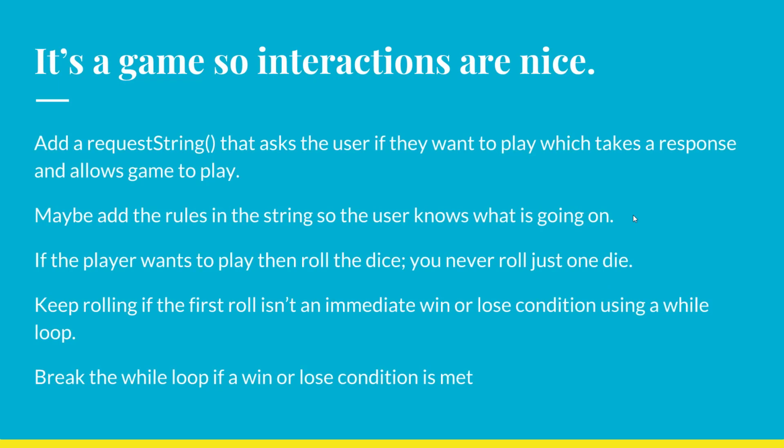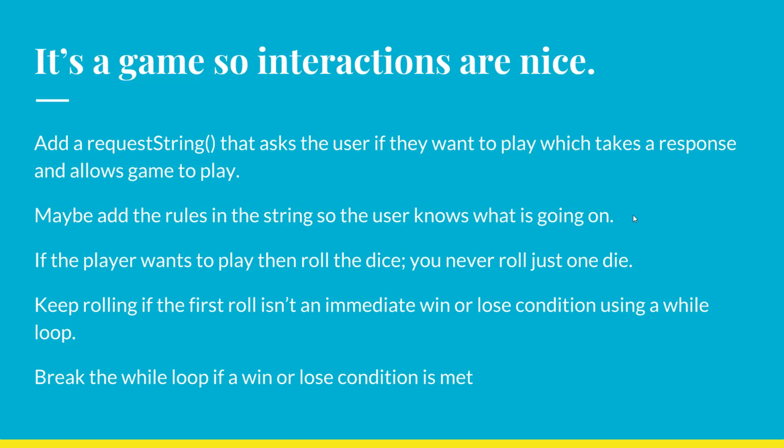Obviously, we don't just want it to run, we want some interaction in there. So putting in a request string, which takes the player's response to play or not, would start the game, and show whether or not the rules of the game apply, which in this case they will because it's the whole point behind craps.